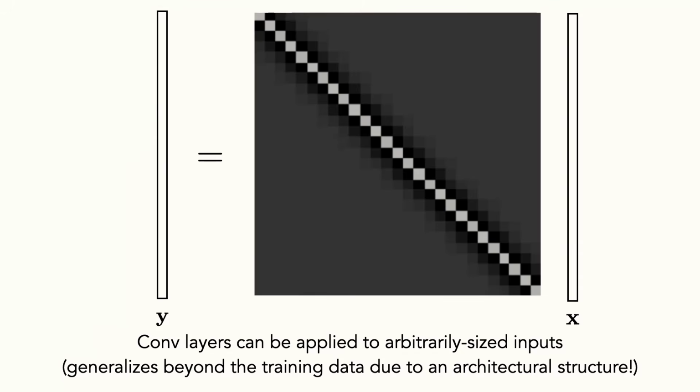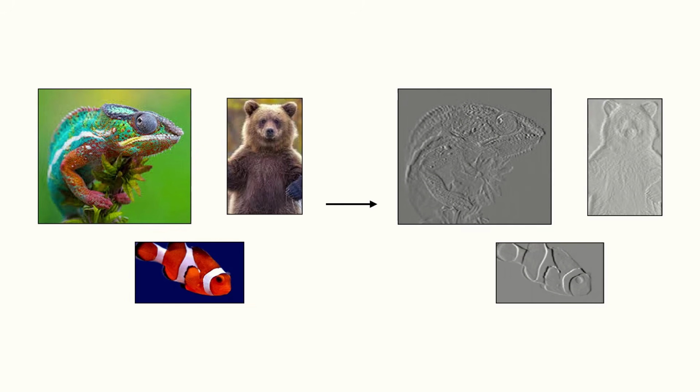Whereas if you took an MLP and applied it to an image, and then tried to apply it to a larger image, you couldn't do it. You just wouldn't have weights for some of that size. One way to look at this is that you could take the same filter that we applied to the clownfish and apply it to any image, and you would always get out these edges, these specific things. So those are high-level views.